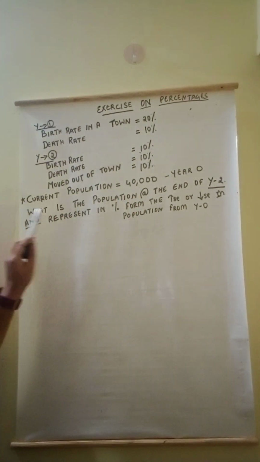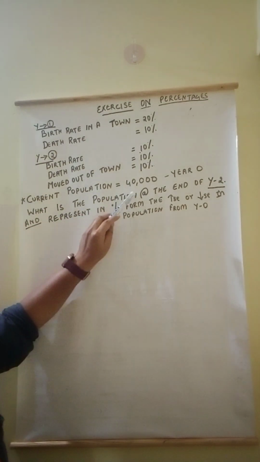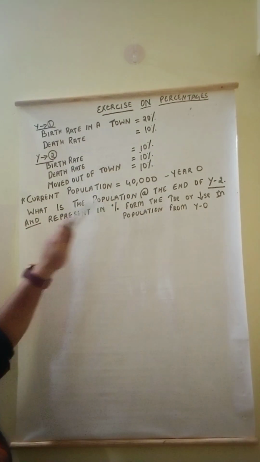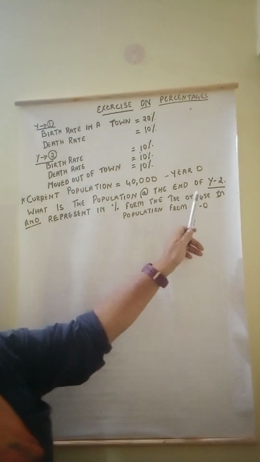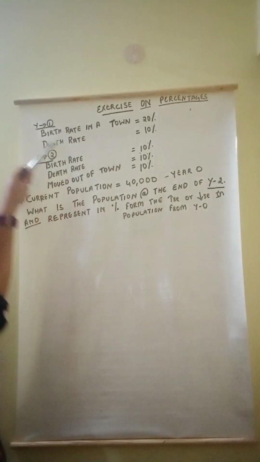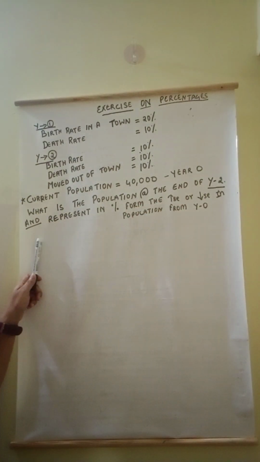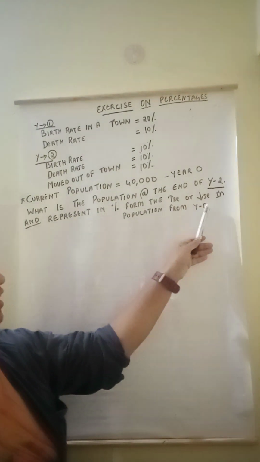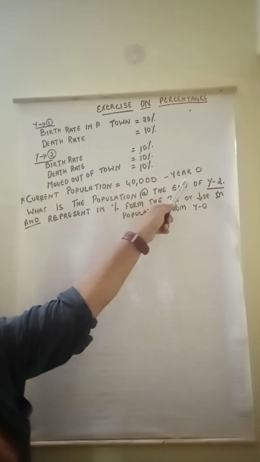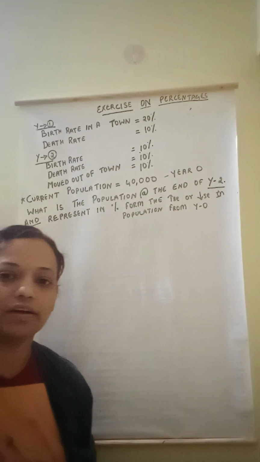So year 0, that is the current situation, the current population, is 40,000. Now what are they asking us to find out? They are asking us to find out the population at the end of year 2, and represent in percentage form if there is an increase or a decrease in the population from year 0. That is, from this 40,000, if there is an increase or decrease in the population.